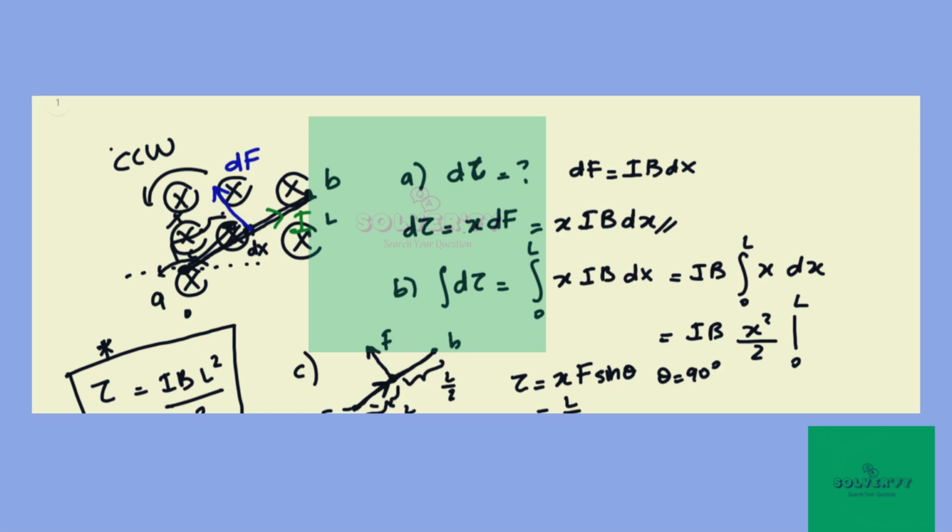Our force is ILB, right? From the magnetic force, ILB, and we have sine 90, which is 1. So then when you look at the answer, it's actually consistent with the answer in part A. It's the same. I B L squared over 2 is the torque, same as part B.